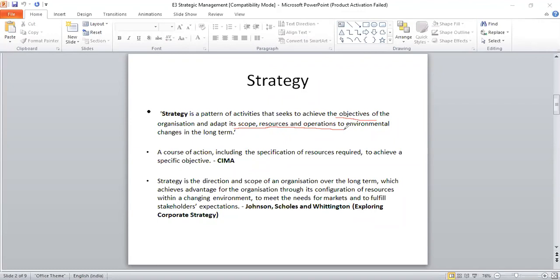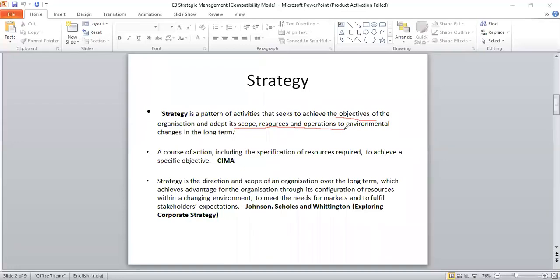Okay, there are various definitions given. You can look into the study material and look at the various definitions of a strategy. The first one, given by CIMA, says that it's a course of action, including the specification of resources required to achieve a specific objective.